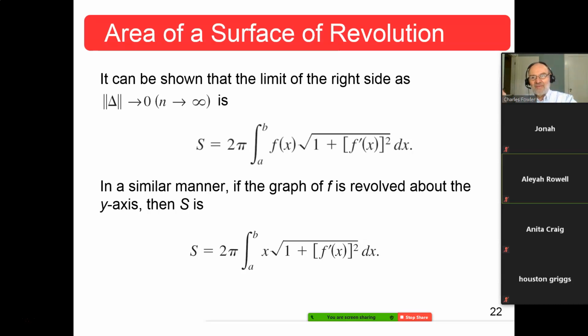If you're revolving around the y-axis, all you change is your radius of rotation, which is now x, not f of x. When it was around the x-axis, that radius was your y value, which is f of x. Now it's the x value, which is just x, and you leave everything else the same. So you don't need to change to functions of y.